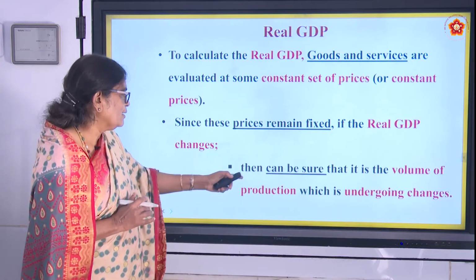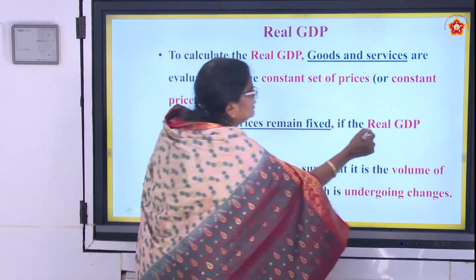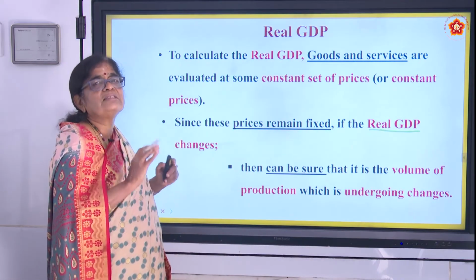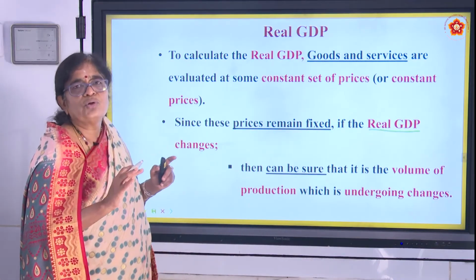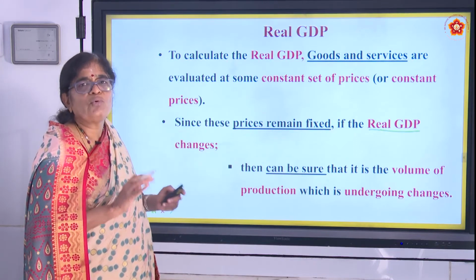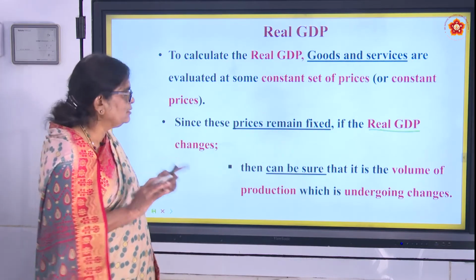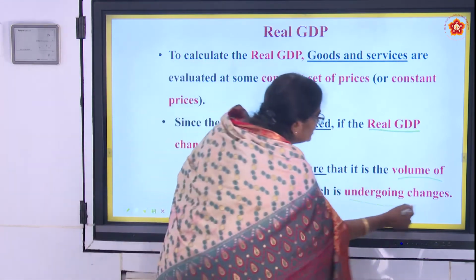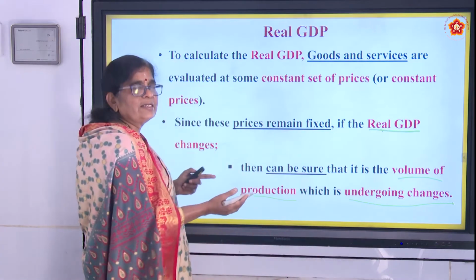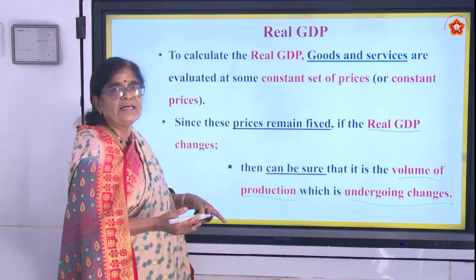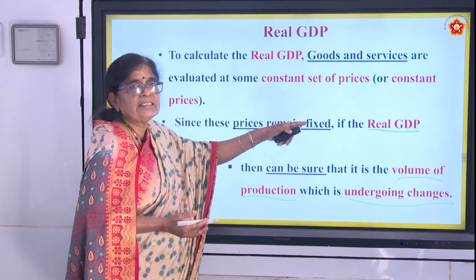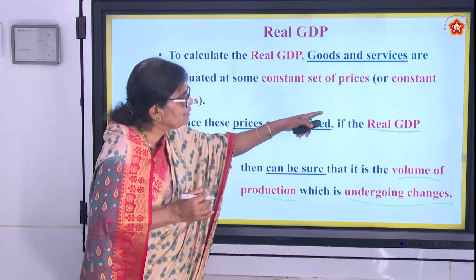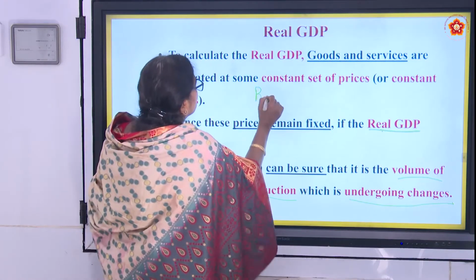So if there is any change in GDP, we can be very sure it is nothing due to changes in prices, only due to change in production. The volume of product has changed. If the real GDP increased, we can say the volume of production has increased. If real GDP decreases, the volume has decreased.